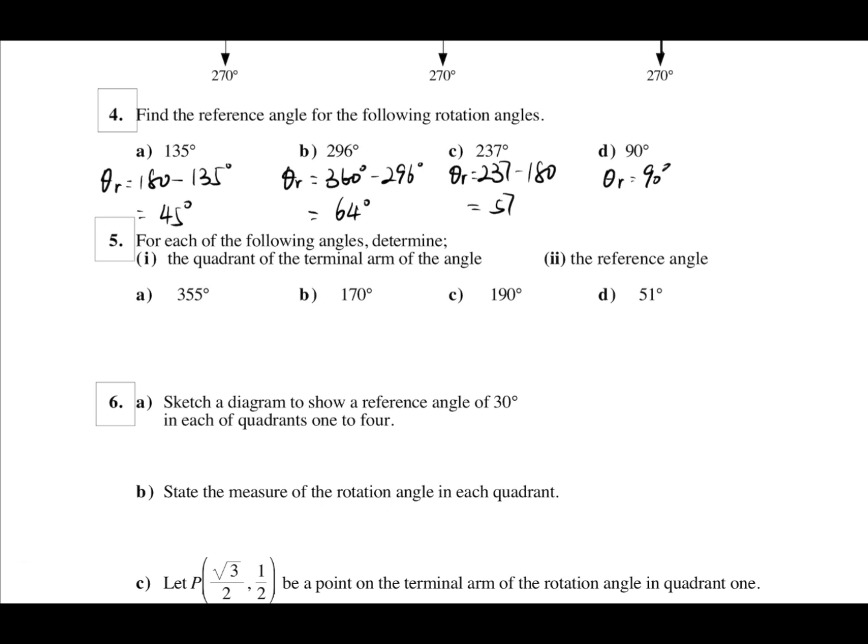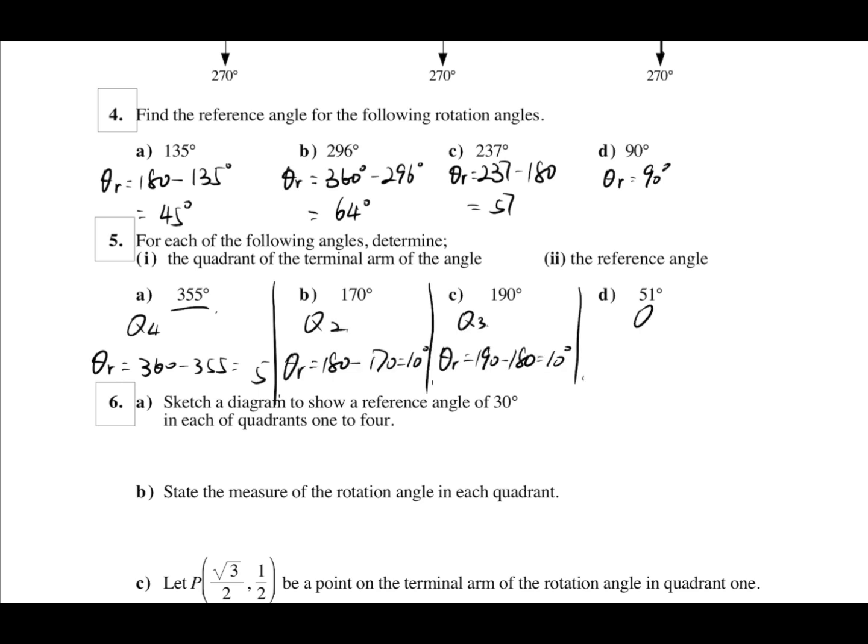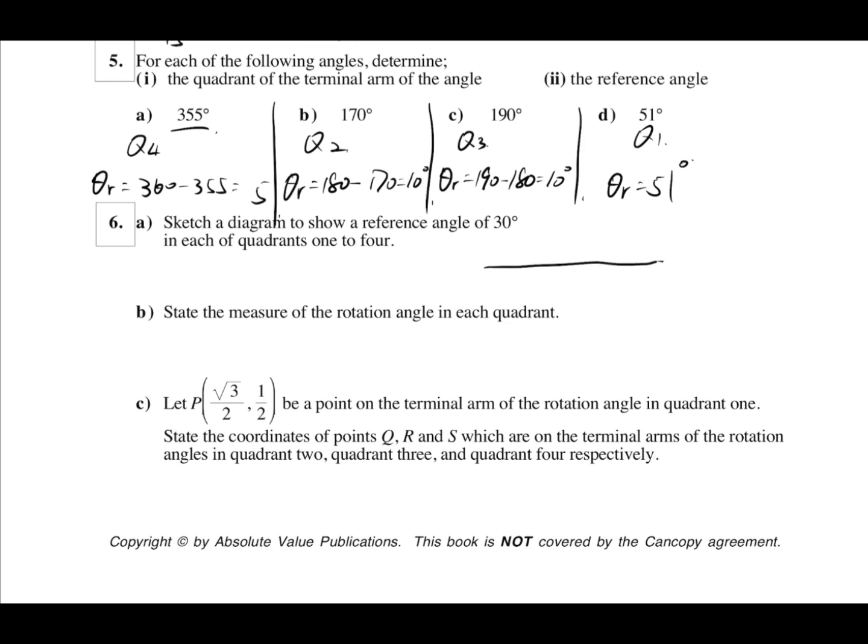Each of the following angles, determine the quadrant of the terminal arm of the angle and the reference angle. And for the first one, this is in quadrant 2, so the reference angle is 30, and we reflect, so this part is 30, and then we reflect, so this is 30.